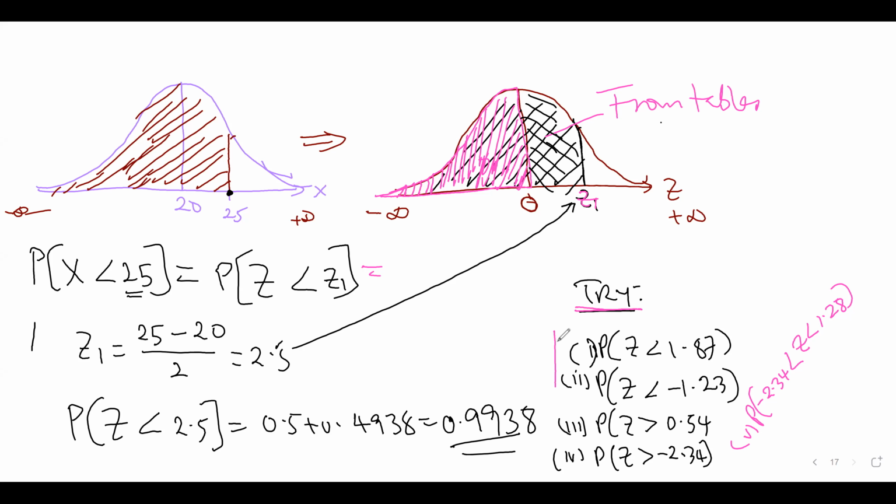Try to obtain these probabilities: Z is less than 1.87, Z is less than minus 1.23, Z is greater than 0.54, Z is greater than minus 2.34. And the last one, Z lies between minus 2.34 and 1.28. So try those 5, and then you can share your answers with me via the class WhatsApp group.